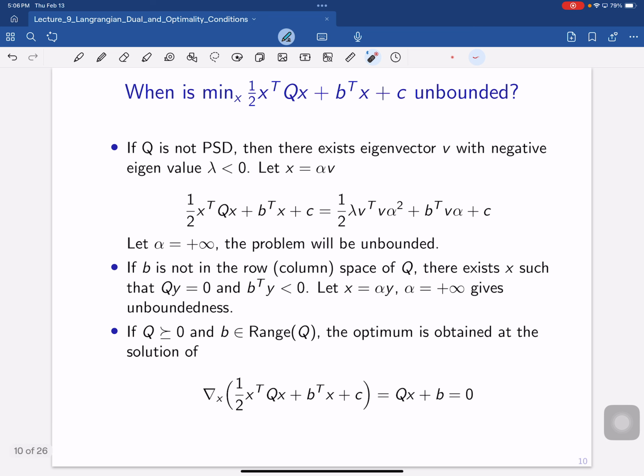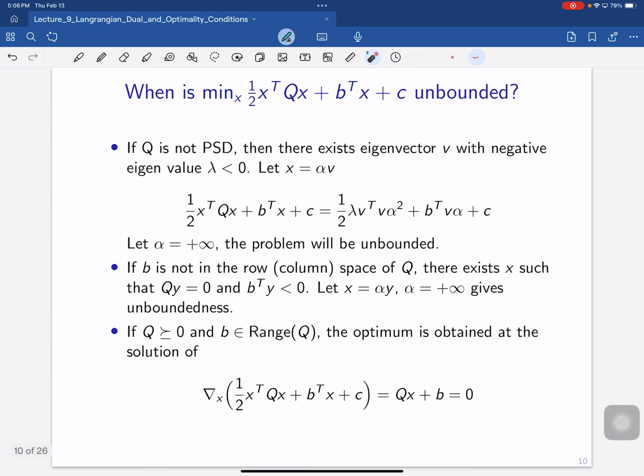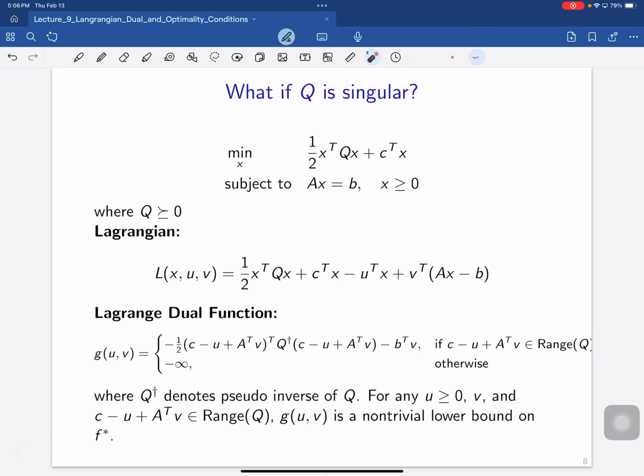Essentially, the problem of taking the Lagrangian dual is like minimizing a quadratic function, where Q is not necessarily positive definite. If you look at this Lagrangian term here, this is essentially minimizing a general quadratic function with some quadratic term, some linear term with respect to x, and a constant term.